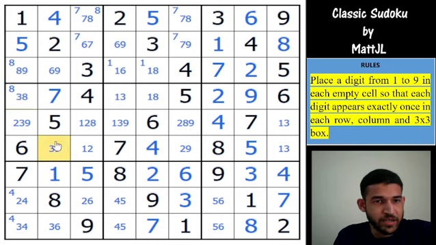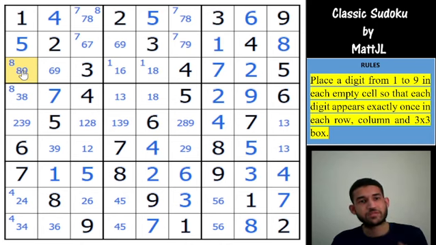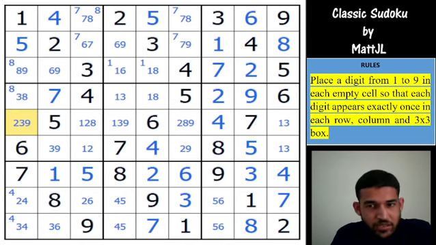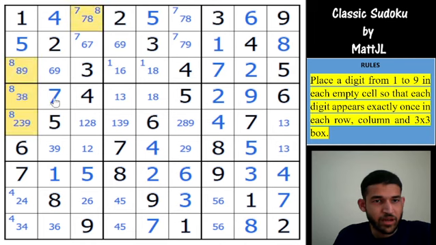If this cell is 8, this becomes 3, this becomes 9, so this becomes 6, right? And now you'll notice that both 8 and 9 are removed from this cell, right? I'll write the pencil marks and show you again. So this is 8. Meanwhile, I'll remove the 8 from these cells.